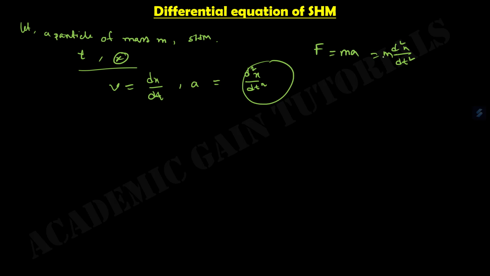Now, since force or acceleration is proportional to displacement and is in the opposite direction, as simple harmonic motion says, we can say that force is proportional to the displacement with opposite direction. So m d square x by dt square is proportional to minus x.